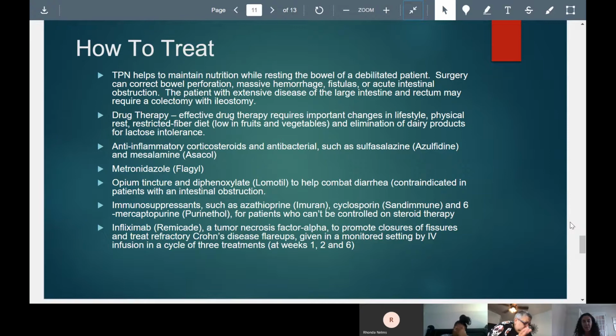Now, I'm not really clear on the immunosuppressants that they use. Can you explain that a little bit for me? Yeah. So here's the thing: your immune system is going to start firing up in response to what's going on in the body.